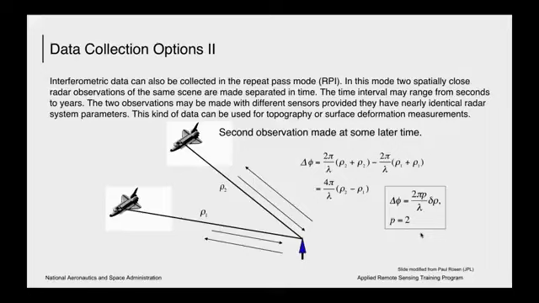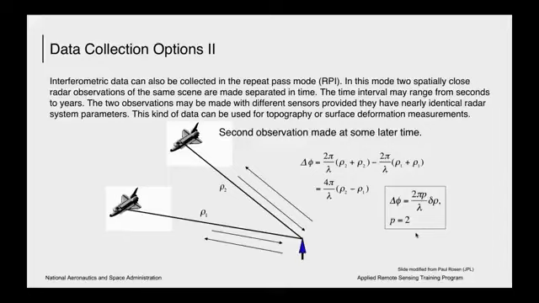The second option, as I was mentioning earlier, if you want to do deformation measurements, is to collect data in what we call repeat pass mode. In this case, we make two measurements at roughly the same location, but at two different times.